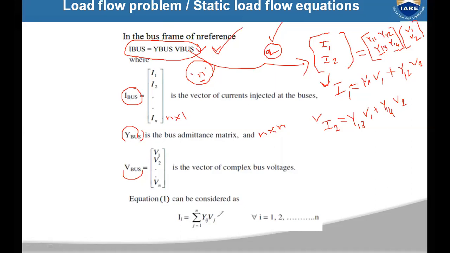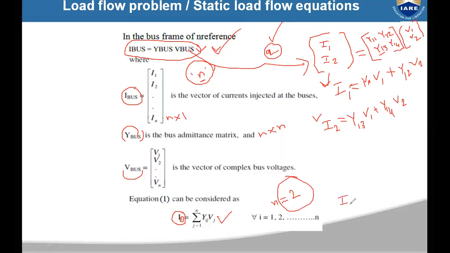Okay, right. So from this equation, it is the current injected at a bus I. Now, if you take a two bus system, that means n is equal to 2. So from this equation, what can you write?